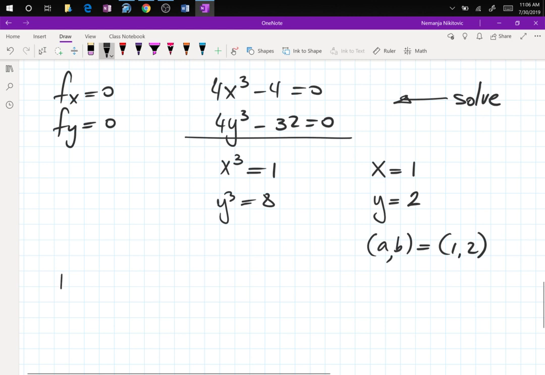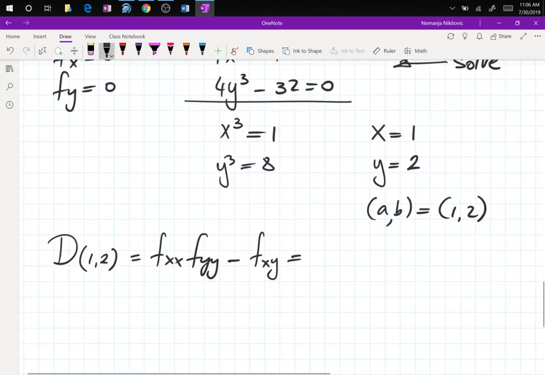And we'll achieve that by computing D at (1, 2). Now D is going to be fxx times fyy minus fxy squared, and all of that computed at (1, 2).